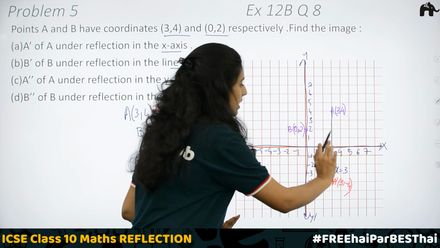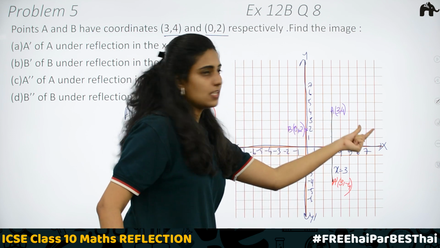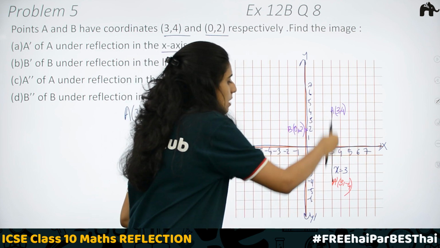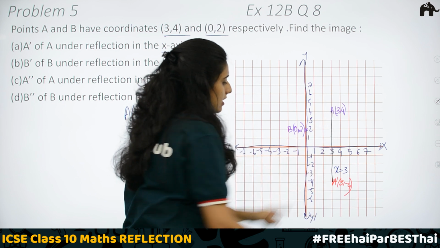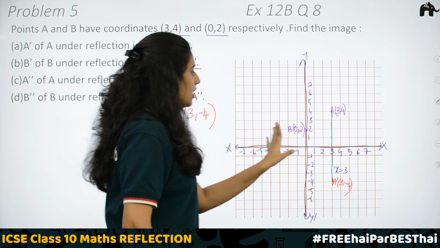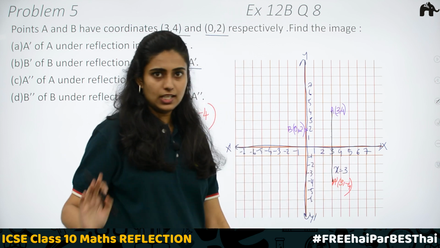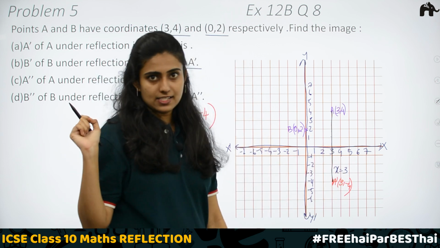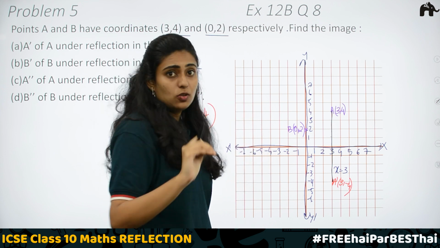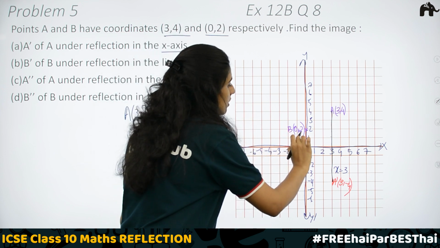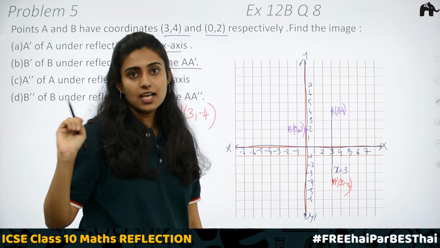We have to get the reflection of B somewhere here. Yes, but the reflection is happening in this line, x is equal to 3 line. What about x coordinate and y coordinate? This is the x is equal to 3 line, similar to the x-axis, right? Along the x-axis, we know that x coordinate remains the same.